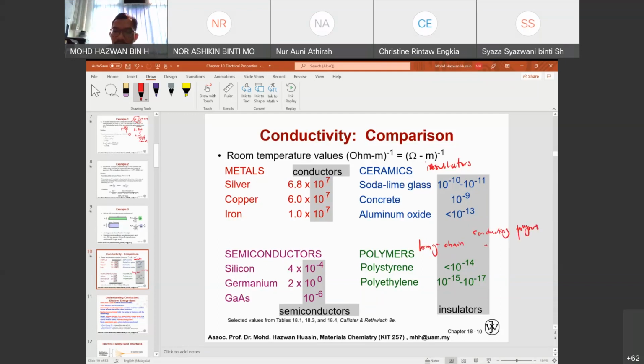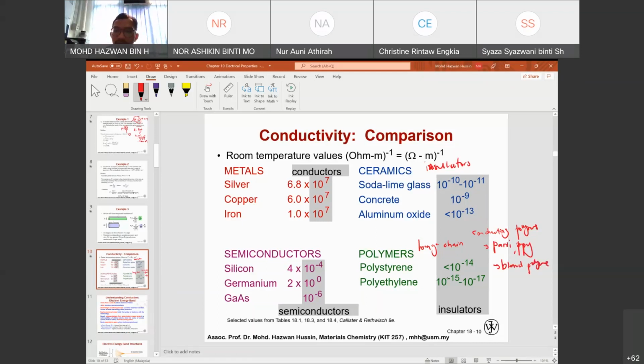Okay, so conductive polymers such as polyaniline, polypyrrole. And let's say you have a blend, for example a polymer electrolyte.